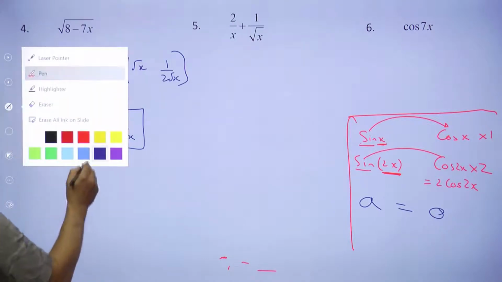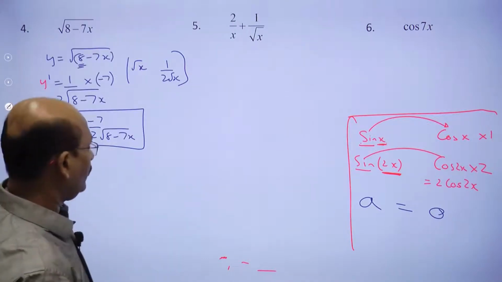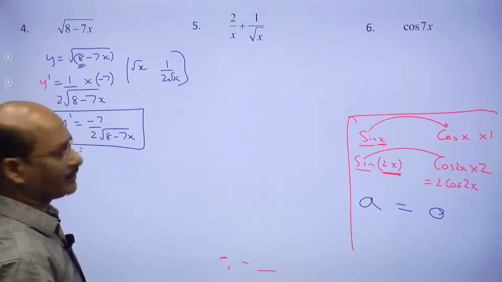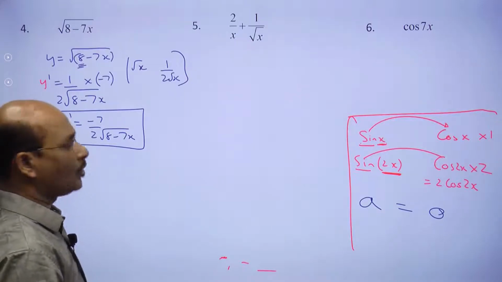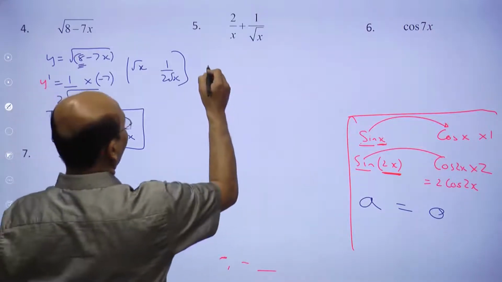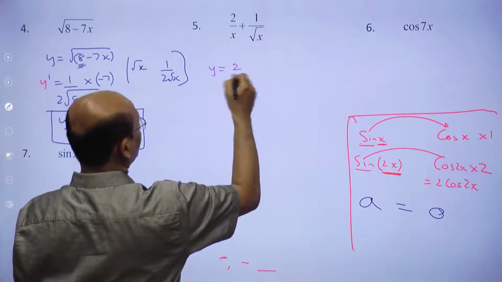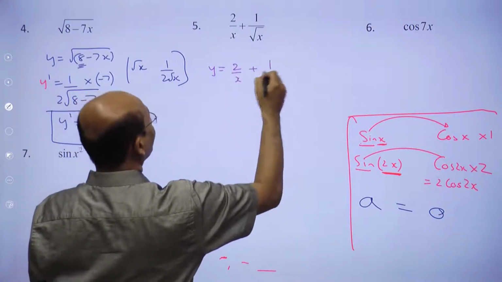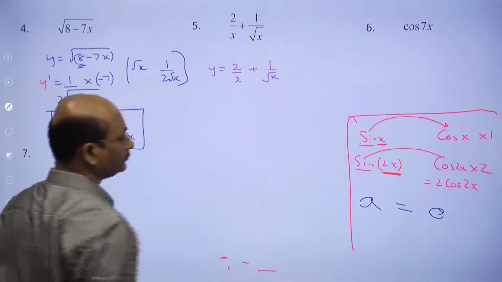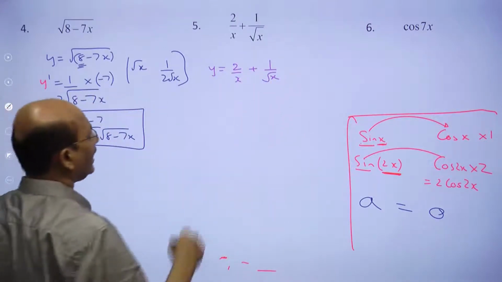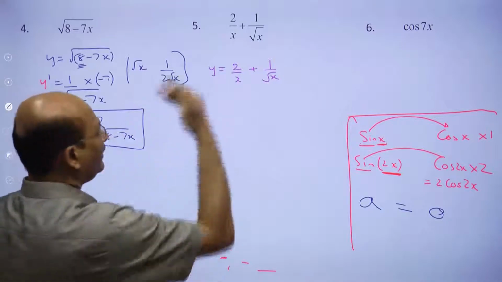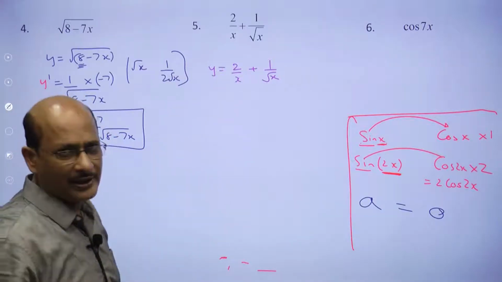The next thing comes up, 2 upon x plus 1 upon root x. Great. 2 upon x is very simple. First of all, let me write it down in the sum format. It is y is equal to 2 upon x plus 1 upon root x. Now listen. Either you find the LCM and then do it, or since there is a plus or minus, individually you can take the derivative.